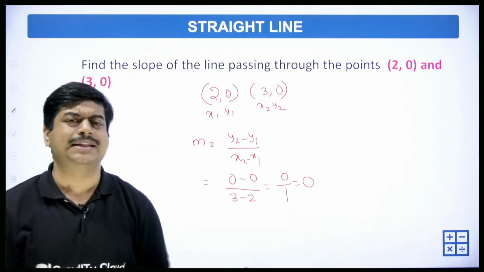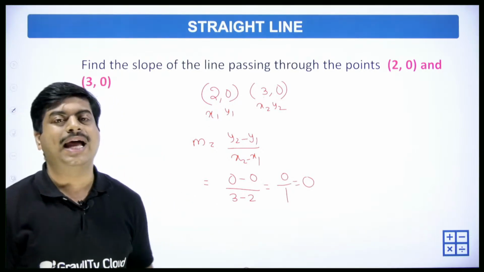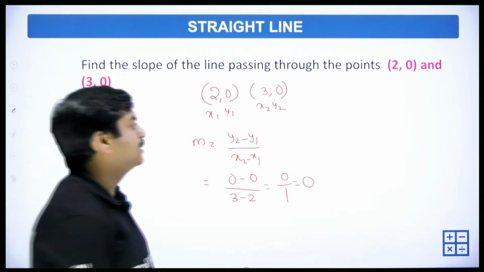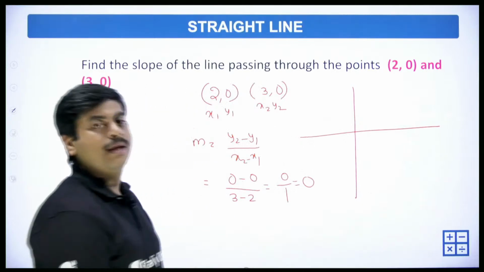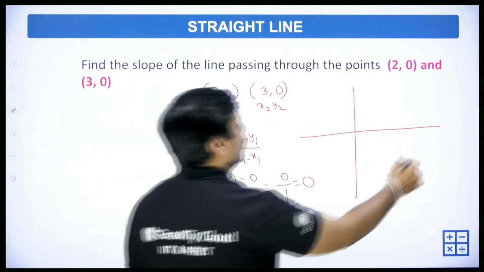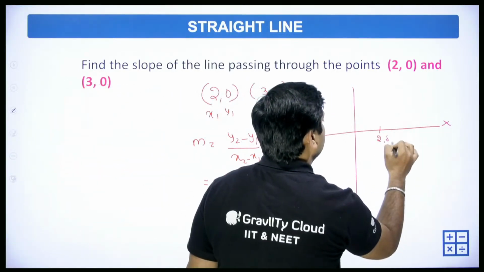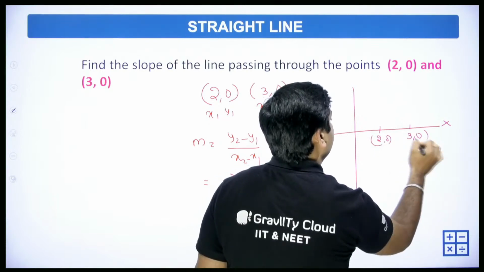So the slope is 0. What do you mean by slope being 0? That means it is not inclined with the x-axis. If you carefully observe, (2, 0) is a point on the x-axis as well as (3, 0).